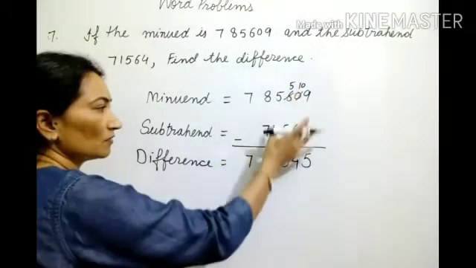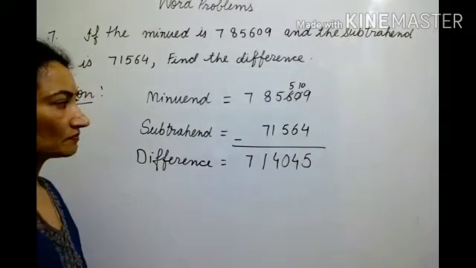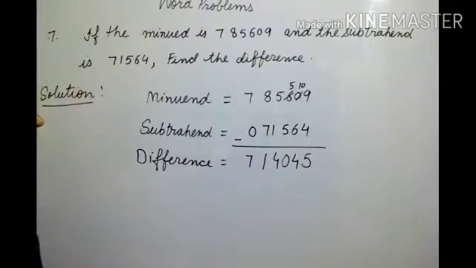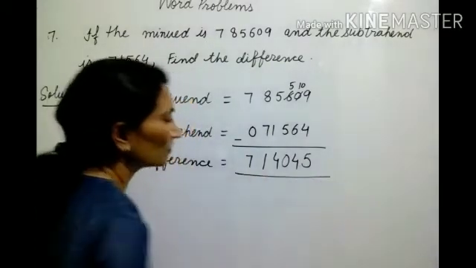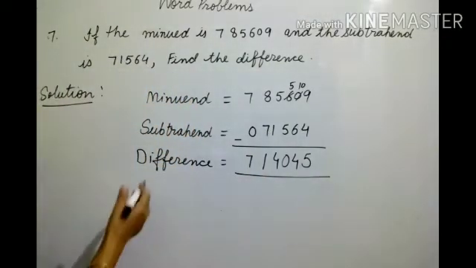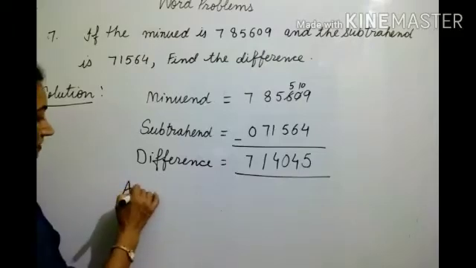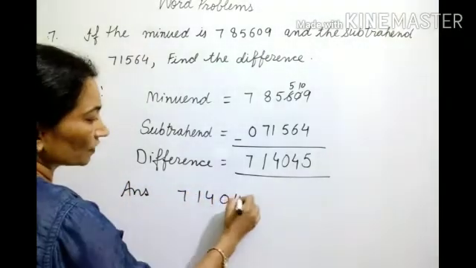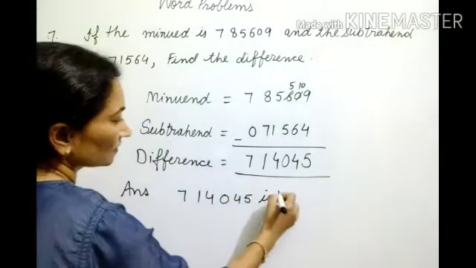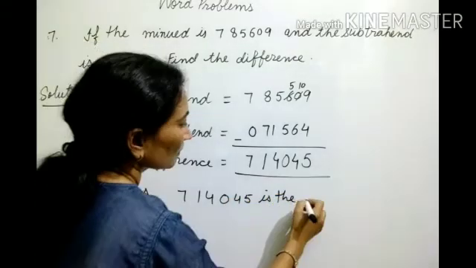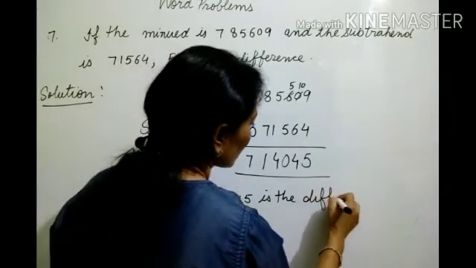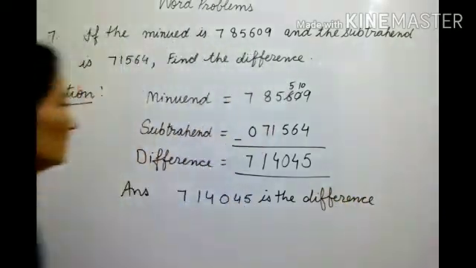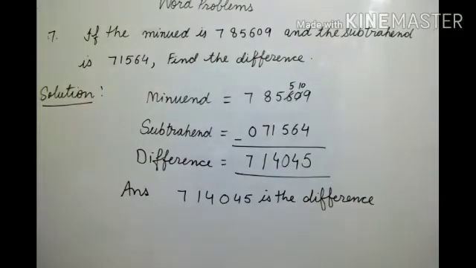It is a 6-digit number, it is a 5-digit number. So in the 6th place digit you can write 0 also. Write the digits properly, then you find your answer. So our answer is 7,14,045, that is the difference. It was a very easy question.